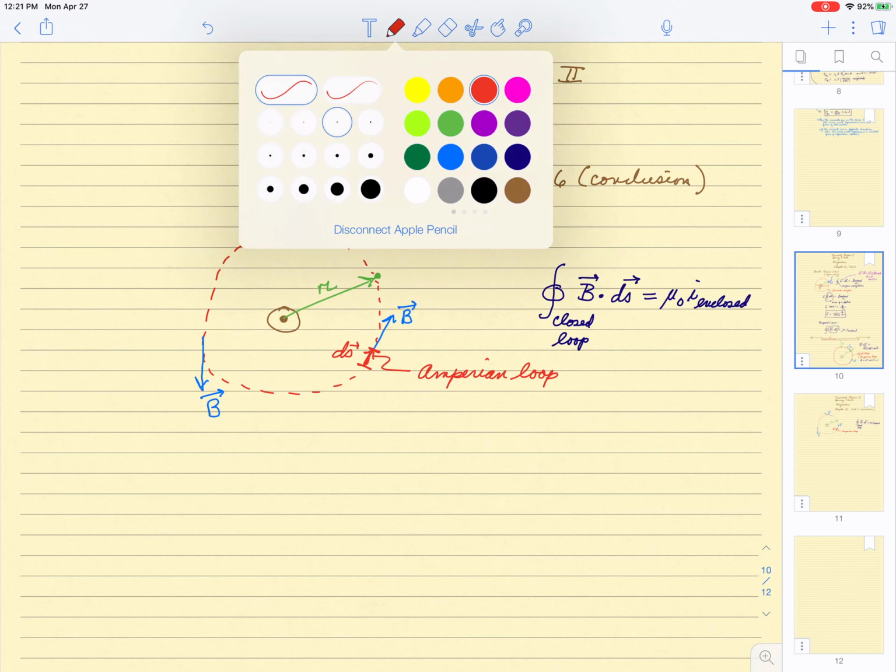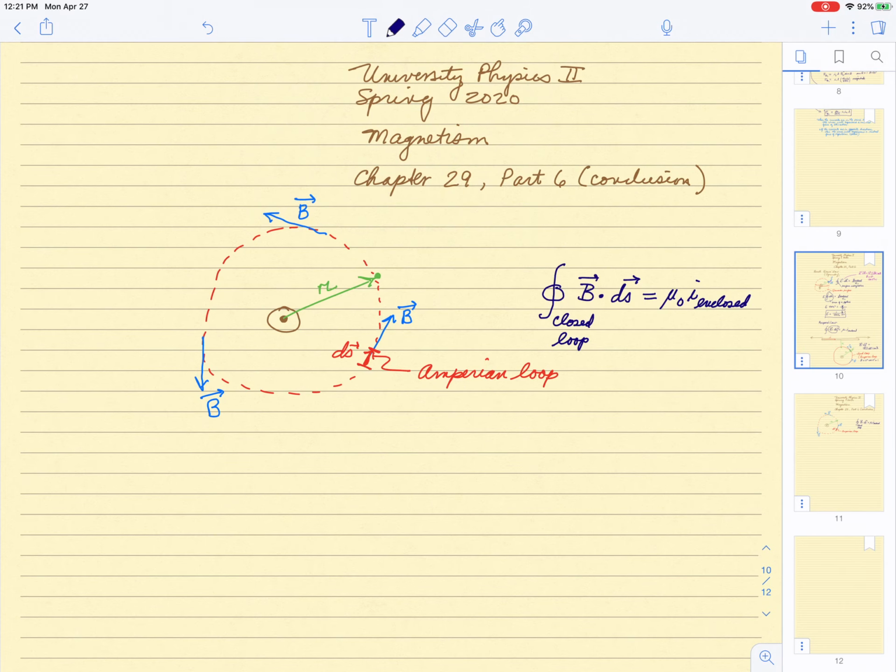And if we look at this dot product, B dotted with ds, it's the magnitude of B, the magnitude of ds, times the cosine of the smallest angle between those two. Theta is equal to 0 degrees, cosine of 0 is 1. So that dot product in the integrand just becomes B ds.